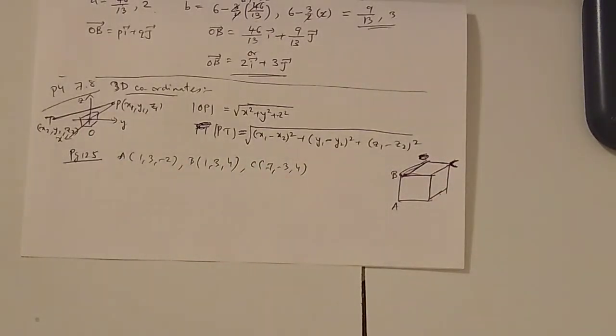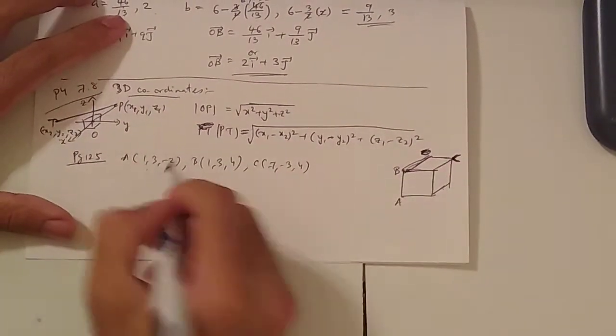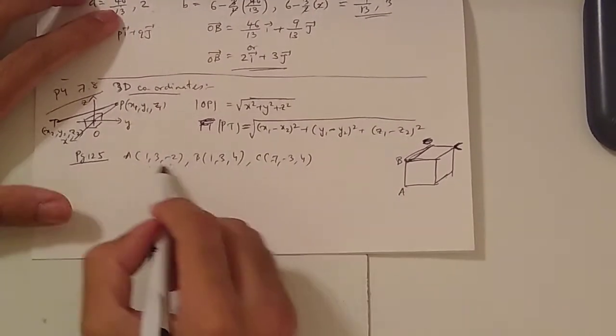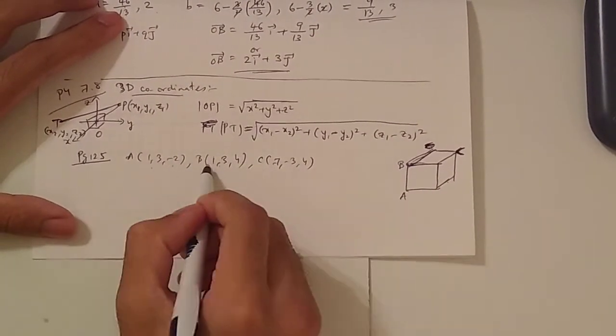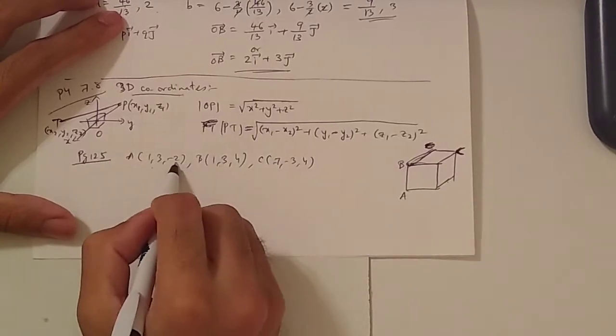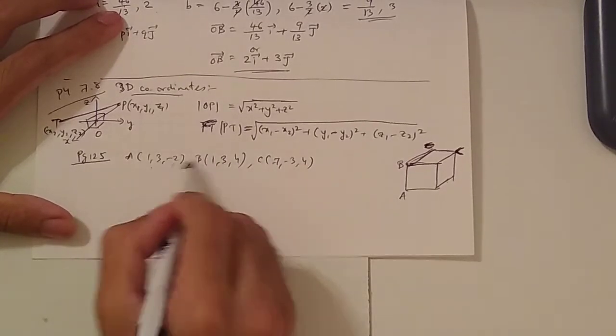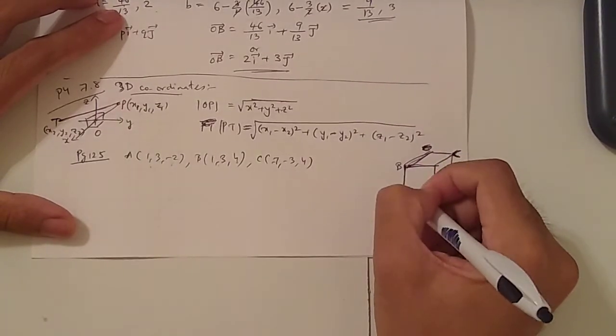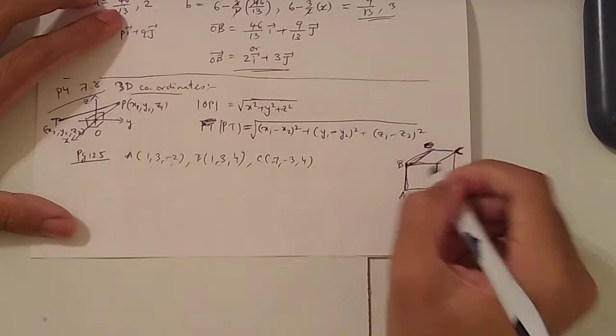Actually, it does matter, so let's find out. We have 1, 3, minus 2 and 1, 3, 4. Notice that for A and B, 1 and 3 are the same. Only one coordinate changes. Therefore, A and B are lying on the same line.